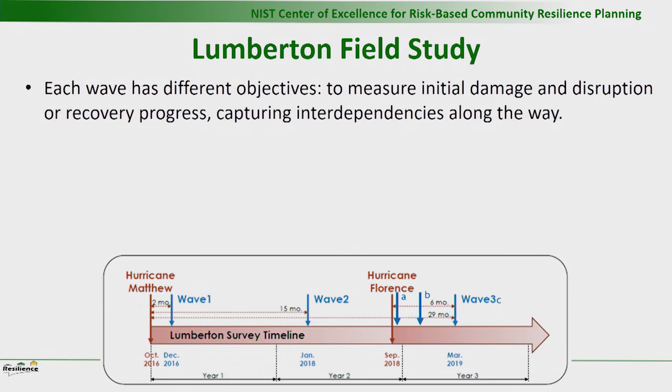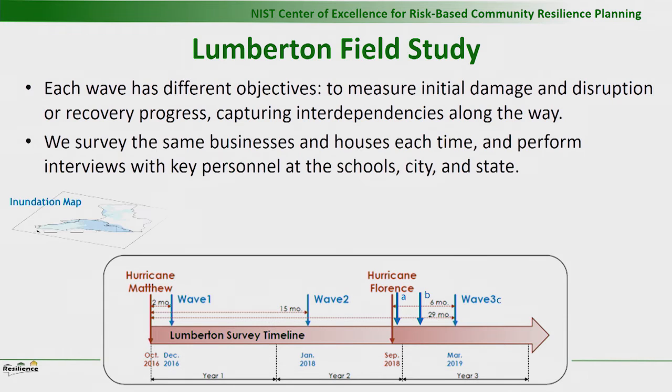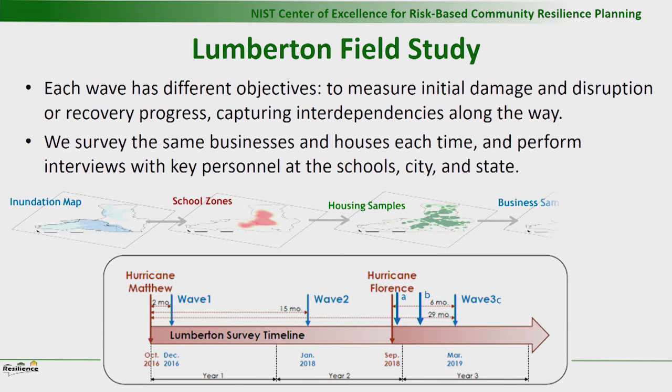So when we do these data collection efforts, these field study waves in Lumberton, we capture interdependencies along the way through an innovative sampling methodology and ask our samples about utility outages, including water, wastewater, electric power, and telecommunication, as well as interdependencies across housing, business, and education sectors.